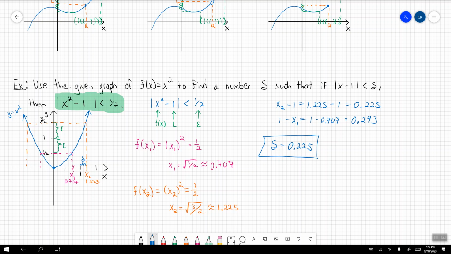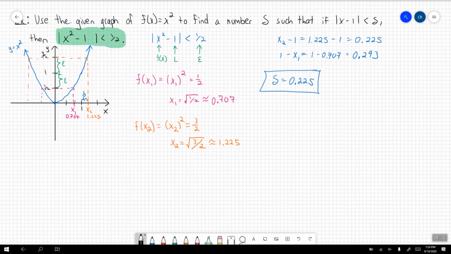Great. Now, what we want to do is start working more with the limit definition for the functions that we're going to be presented with. In order to do this, we're going to work with a few examples.